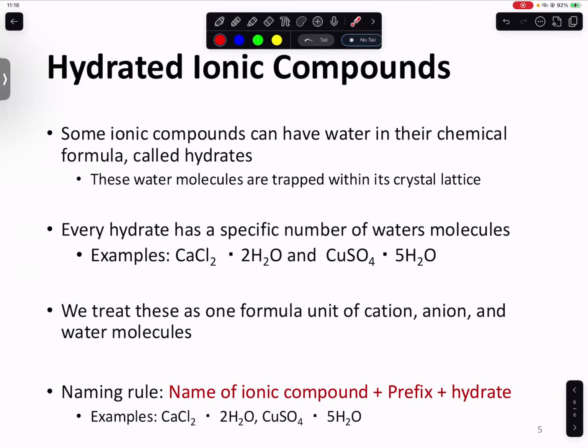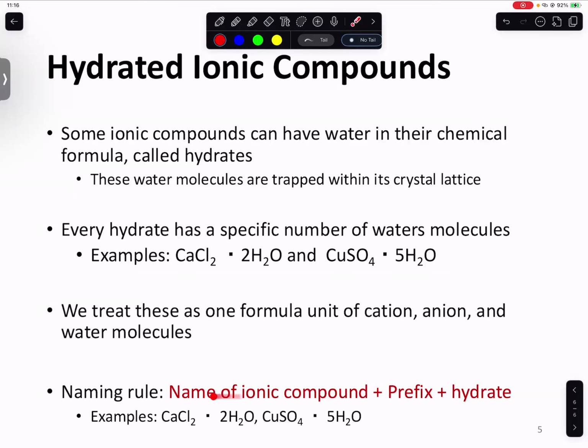When it comes to naming hydrated ionic compounds, we follow the same idea, but with a minor tweak. The rule for naming is the name of the ionic compound, plus a prefix that indicates how many water molecules, plus the word hydrate.